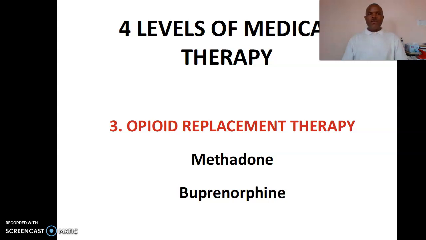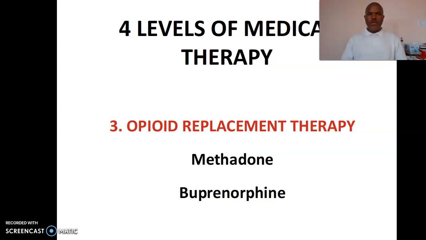And opioid replacement therapy means that someone who is addicted, usually to the hard drugs, heroin, codeine, morphine, all those hard drugs, usually when they come into rehabilitation, we grade them down by giving them a drug which is not as potent as the one they are abusing.